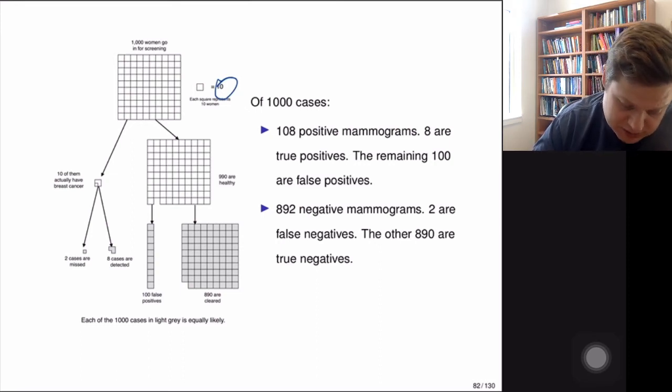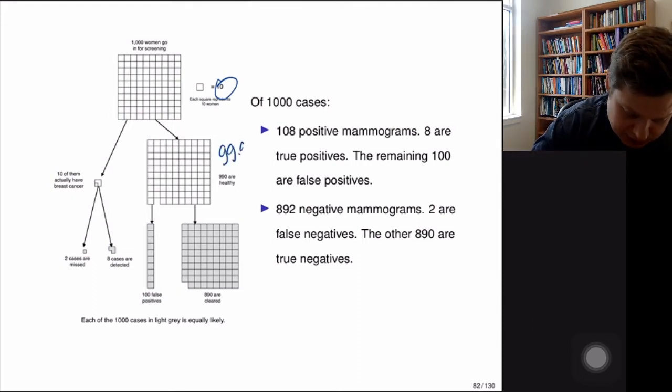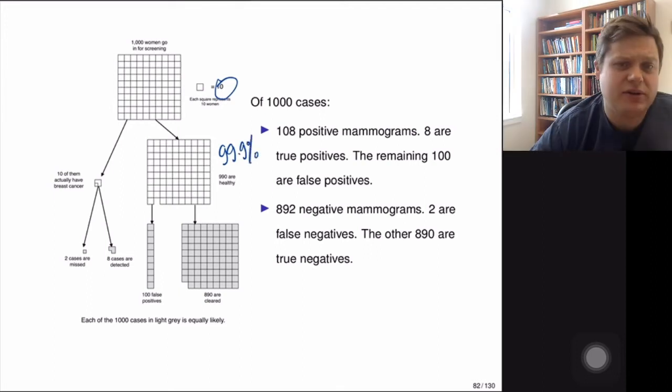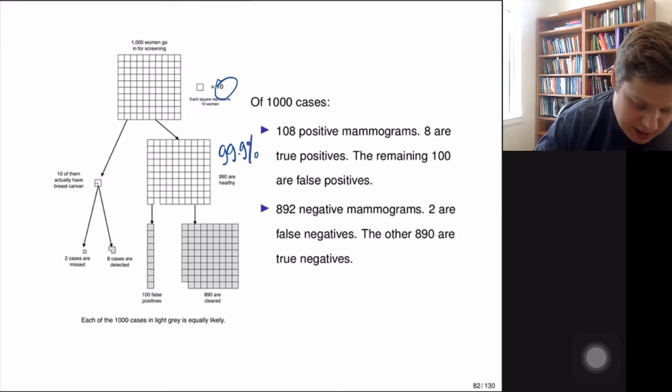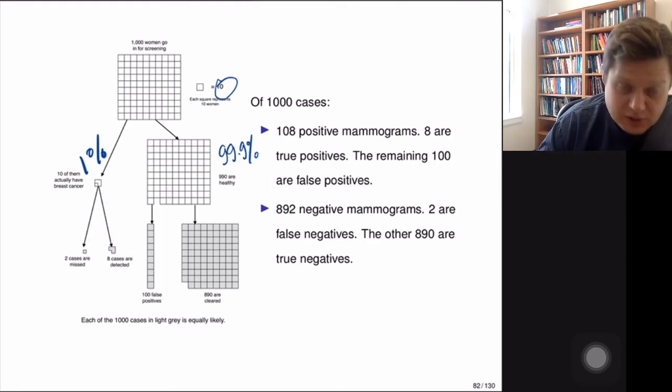And out of those 1,000 people, we have 990, which is 99%, that do not have cancer. And 1% out of 1,000 is just 10 women. They, in fact, do have cancer. So 1 square out of this whole matrix are the people who have cancer.